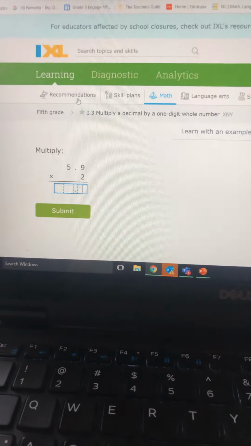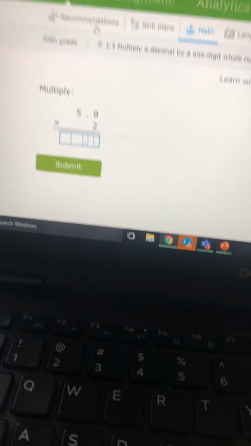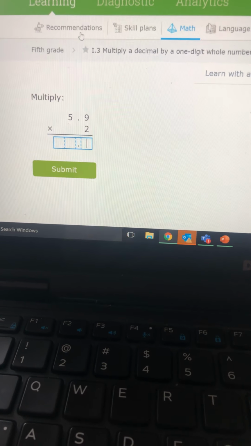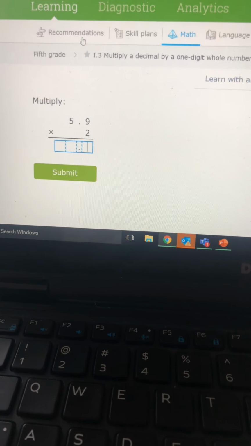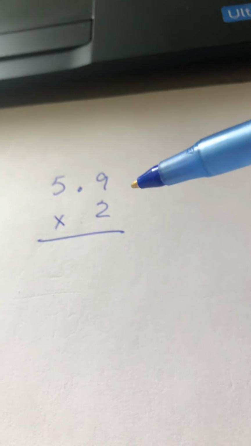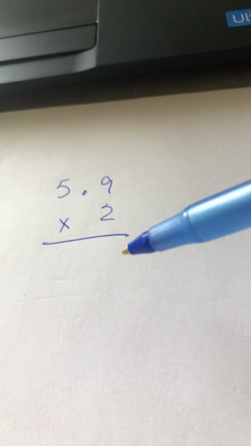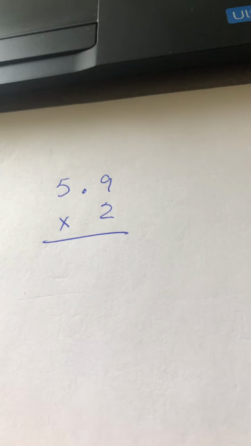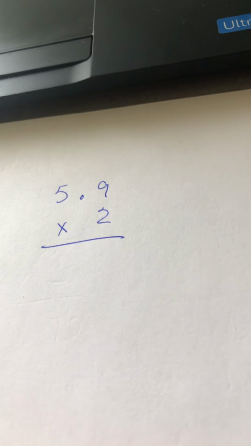So here we are, I, point 3. So 5.9 times 2. Okay, so this is where estimation helps, right? Because 5.9, well, that's almost 6. So I know that my product is going to be close to 12, right? Probably slightly less than 12.